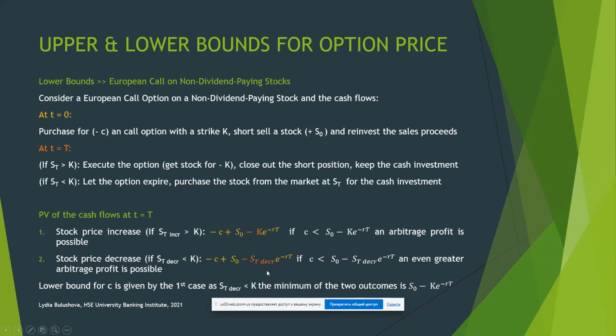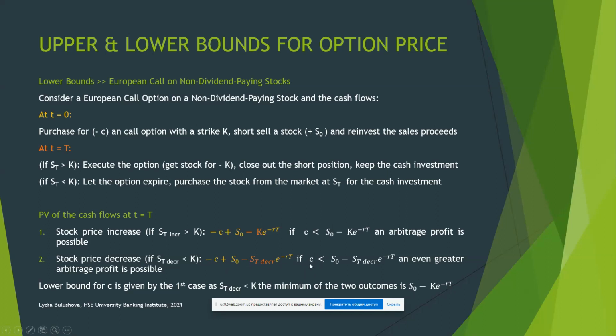So K and S sub capital T are option intrinsic values at expiration. So in this case we have the same logic, we build an inequality.